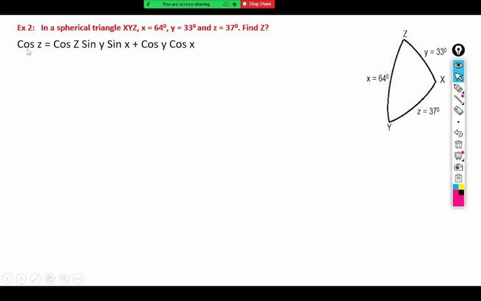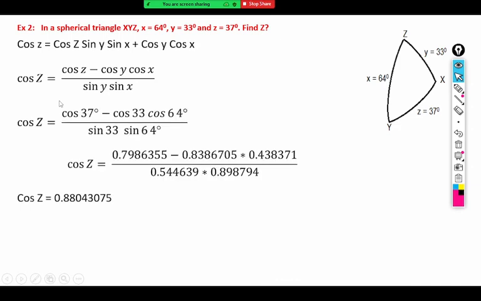This is the formula which is written: cos of small z is equal to cos of capital Z into sine of the adjacent sides plus cos of adjacent sides. Just replace the values. It's so simple. You can replace it here only, and at the end you can solve it for cos z. That way also you can do it. And here you get 0.880 and then cos inverse, and you get the required answer.